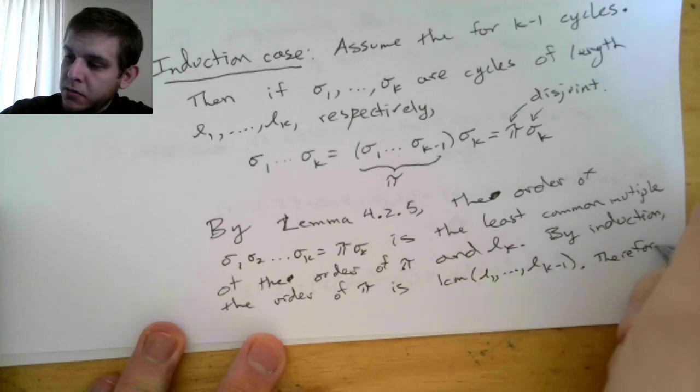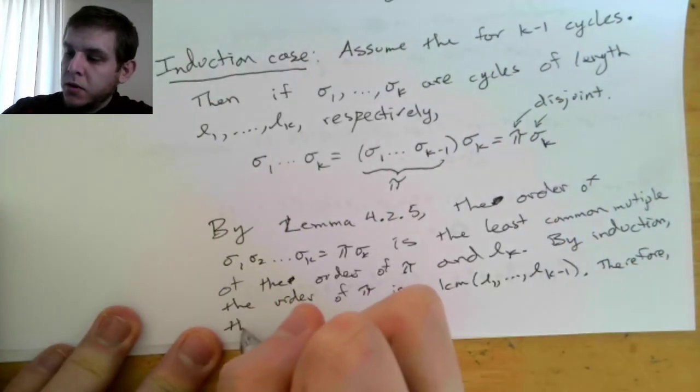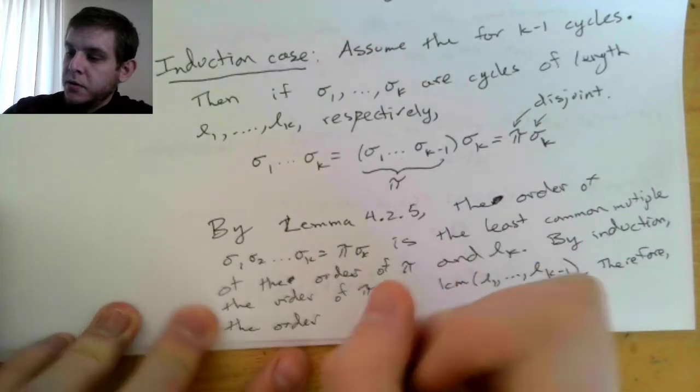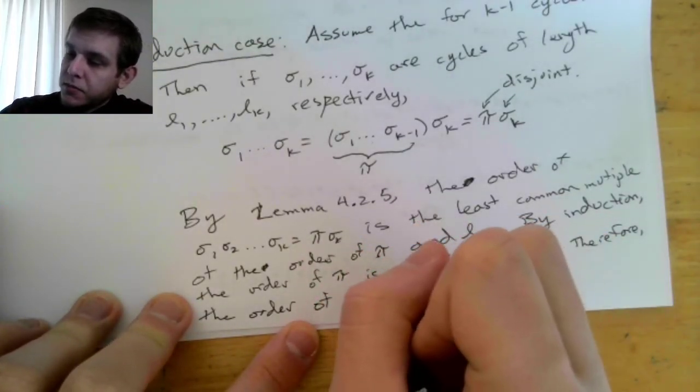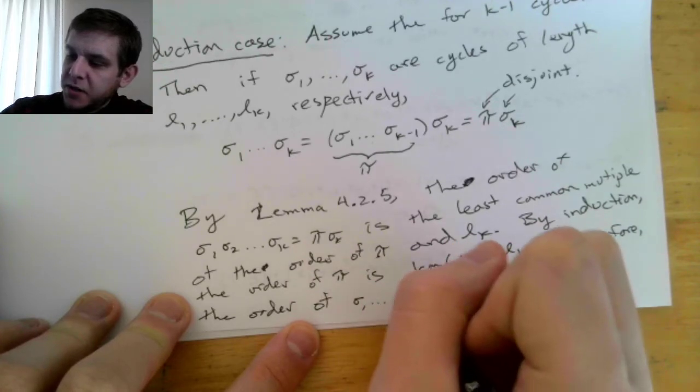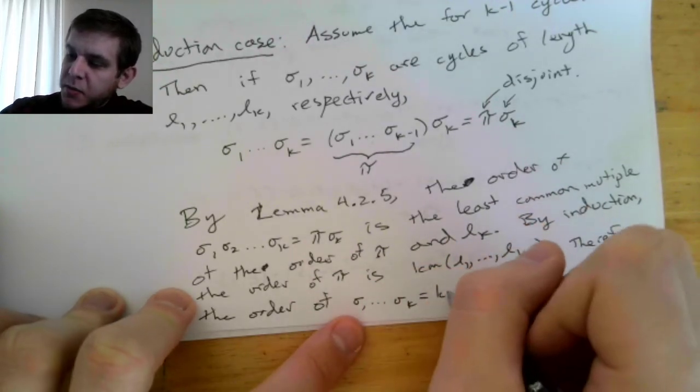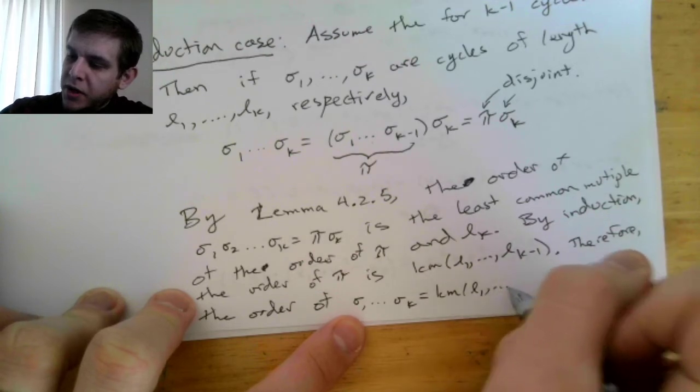So the order of sigma 1 up to sigma k is the least common multiple of the least common multiple of L1 through Lk minus 1, and Lk.